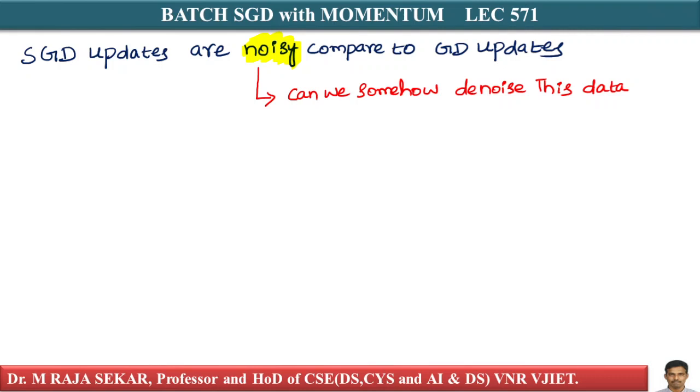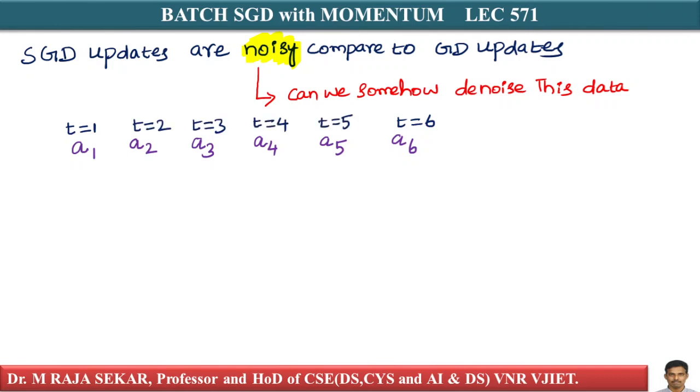Let's understand a very simple concept of denoising. Imagine if you give me a bunch of numbers, let's say A1, A2, A3, A4, A5, A6, and so on. Let's say this value A1 is at time t equal to 1, A2 at time t equal to 2, and so on, A6 at time t equal to 6.